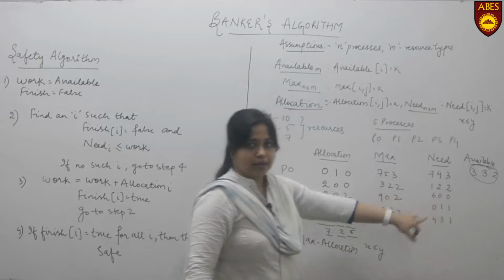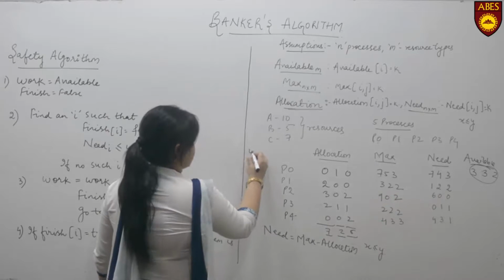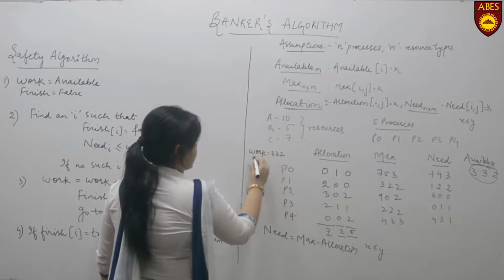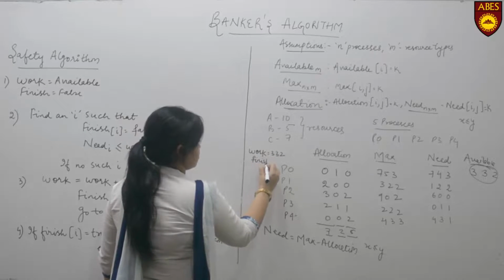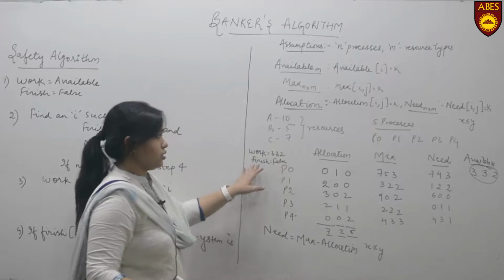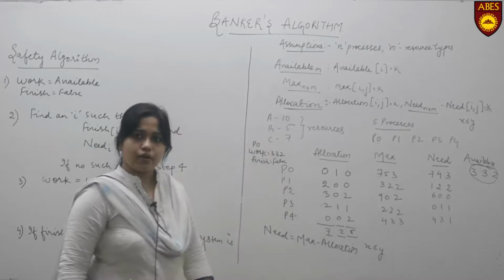So we are taking work as 3 3 2 and finish as false. It will be taken as false because we cannot serve P0. Correct?